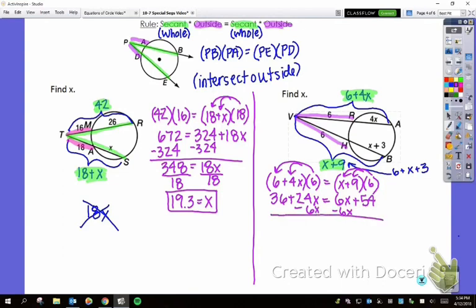We're going to subtract 6x, get 36 plus 18x equals 54. Subtract 36. We're going to get 18x equals 18. Divide by 18, and we end up with x equals 1.